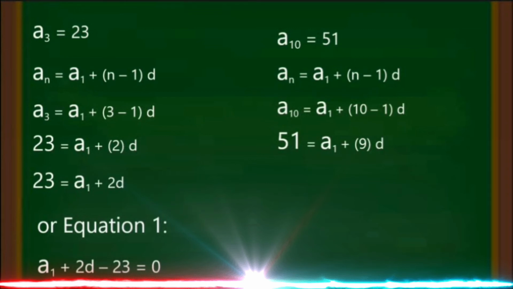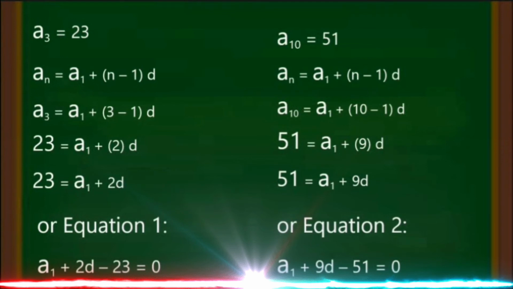So, 10 minus 1 is equal to 9 times d. So, 51 is equal to a sub 1 plus 9d. Our equation 2 is a sub 1 plus 9d minus 51 is equal to 0. That is our equation 2.